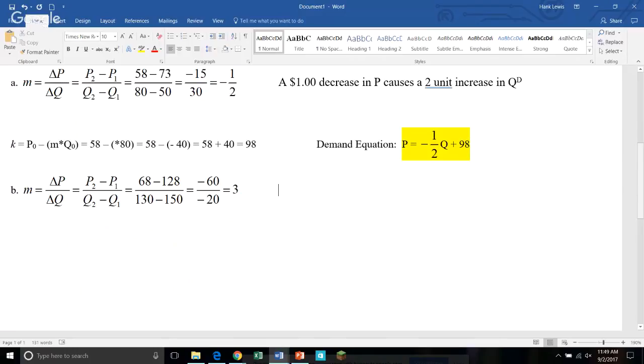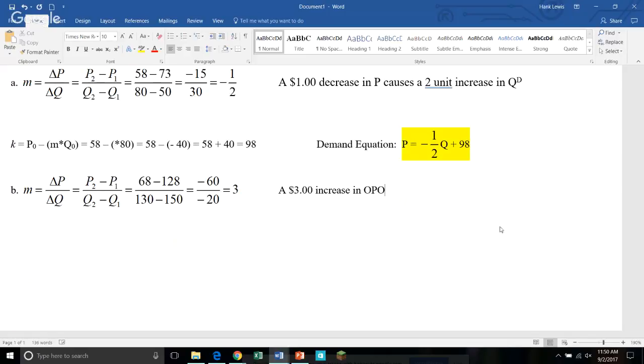Now, to get to the interpretation here, we do understand that there's an invisible denominator of 1. The delta P is the $3, so I start with a $3 change in the price. And since we have a positive 3, that suggests an increase, positive change.